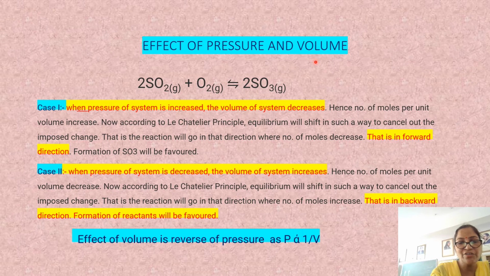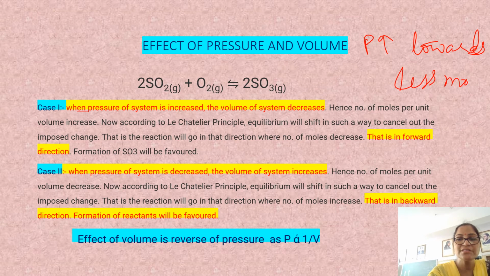So the effect of volume will be inverse to that of the effect of pressure. It means if pressure is increased, the reaction moves towards fewer moles, and vice versa.